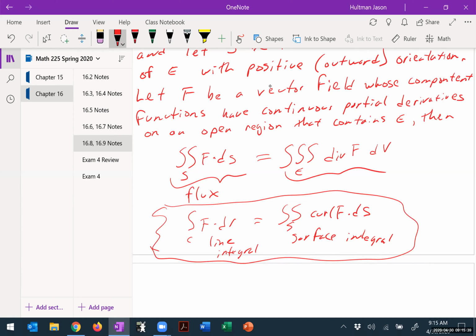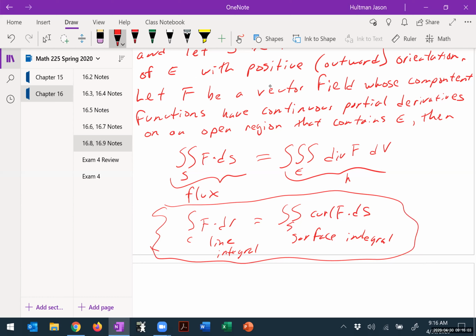But what about higher dimensions? Let's move this up a dimension. Now let's take the surface integral and convert it to this triple integral over the solid E of the divergence.